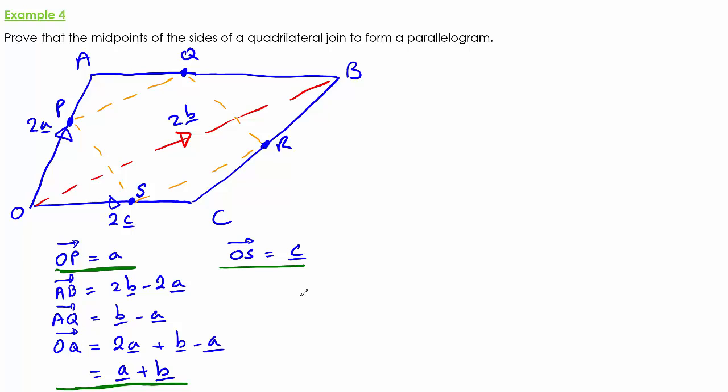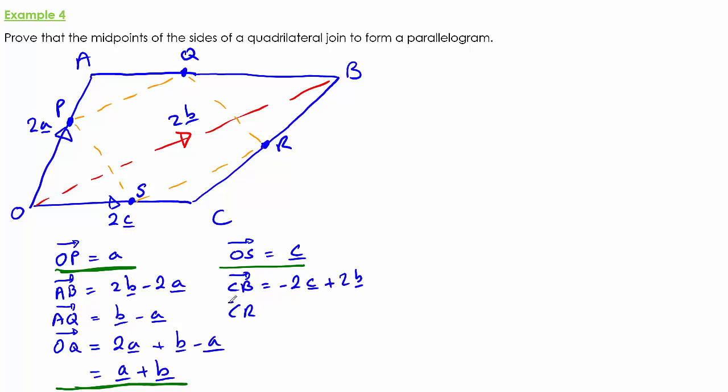And what else do we want? We want OR. So let's think first of all about CB. So backwards along here, so that's minus 2C, and then we'd go 2B.